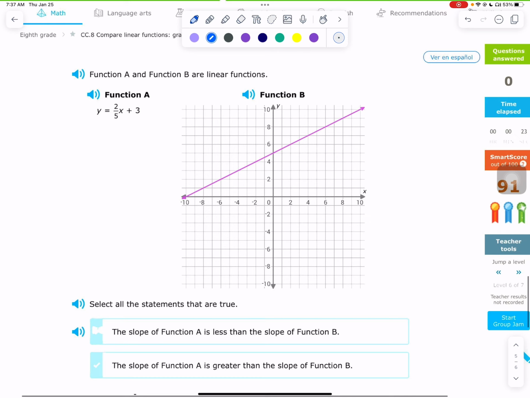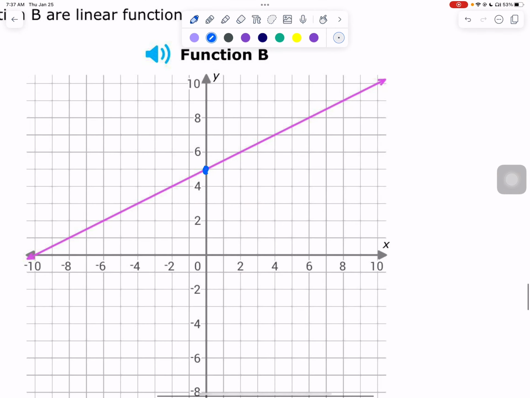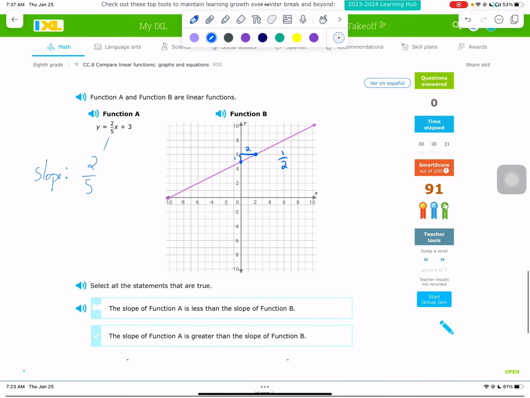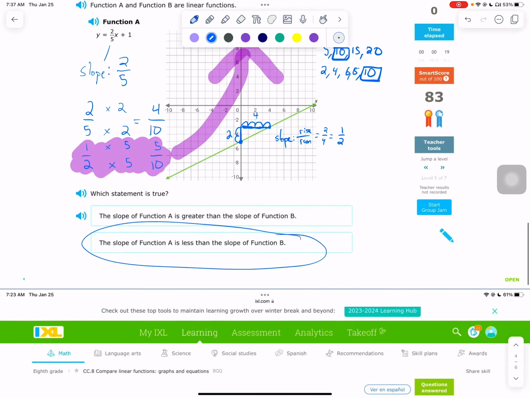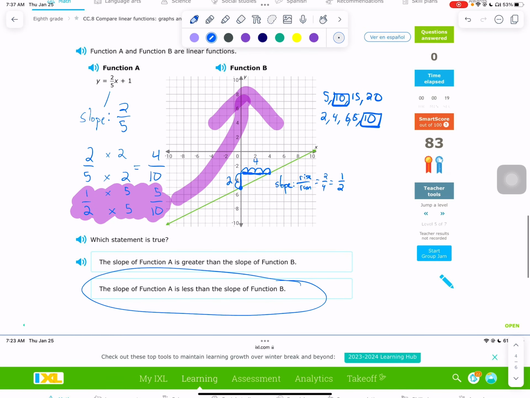All right, last one. 2/5 for the slope of function A, since we know this question is asking about slope. And then we will zoom in here. 1 and 2, which is 1/2. Well, guess what? This is 2/5 and 1/2. Our previous problem was also 2/5 and 1/2.